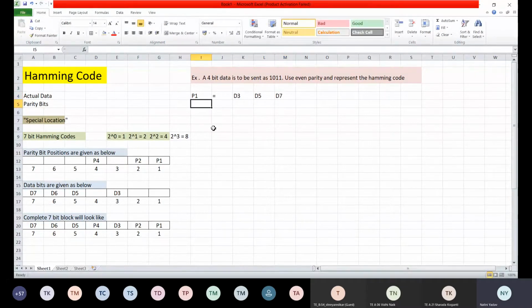I will tell you the clue later on how to remember this. Then P2 is to be calculated as D3, D6 and D7.